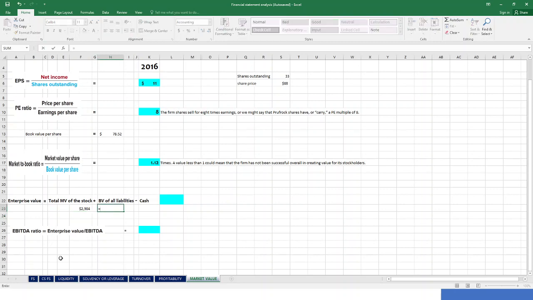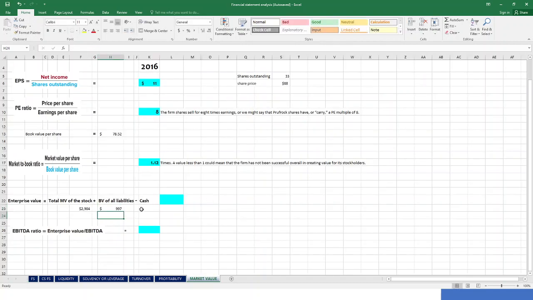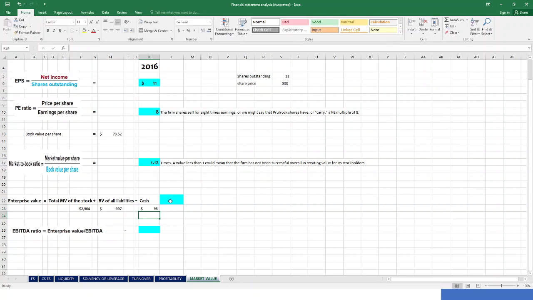This is equal to, we go back, our current liability plus long-term debt, this plus this. Then our cash, go back and take it, our cash is 98. Those are the values. So we want to get it, we say equals to this plus this minus this. So that is the value.